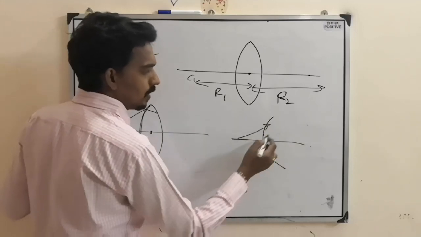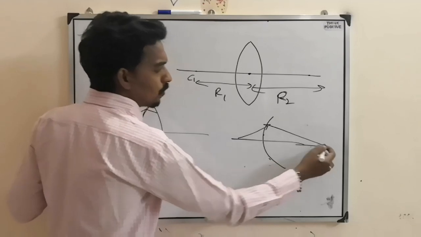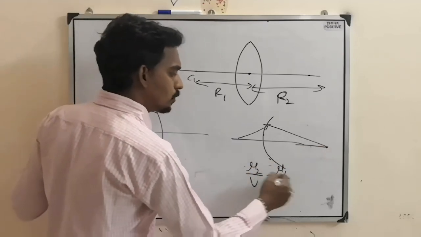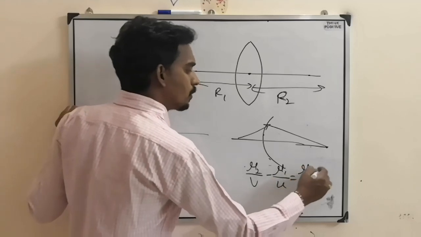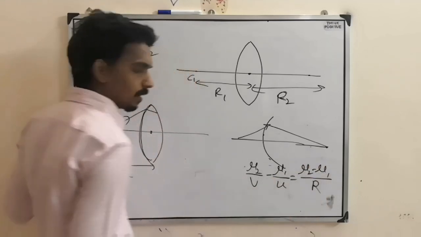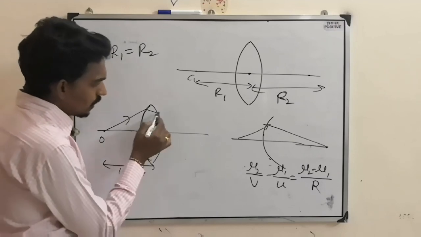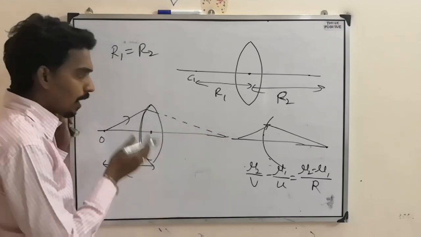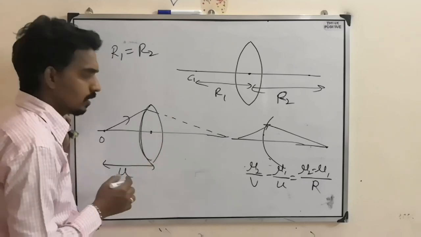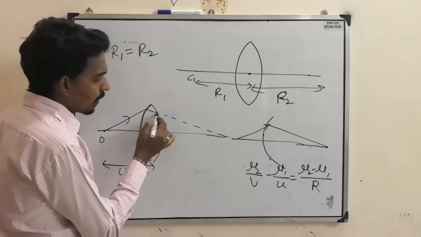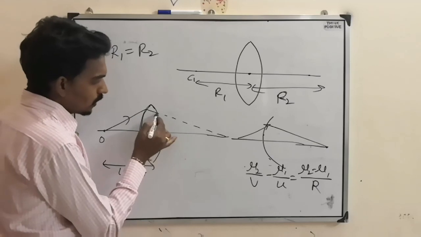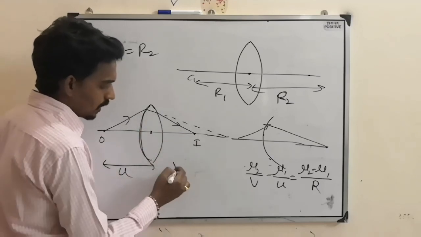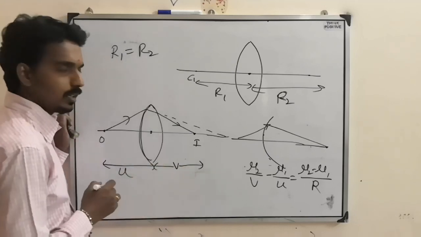Somewhere the image should form, and the formula was mu2 by v minus mu1 by u equal to mu2 minus mu1 by R. But here this image will not form. It forms as a virtual image, which acts like a virtual object for the second surface, so that here again refraction takes place. So the final image forms here at a distance v.